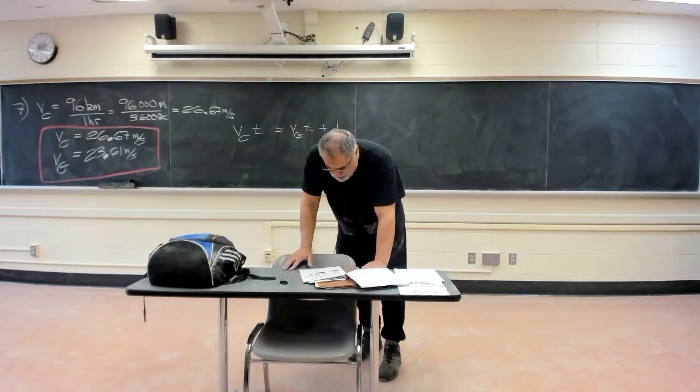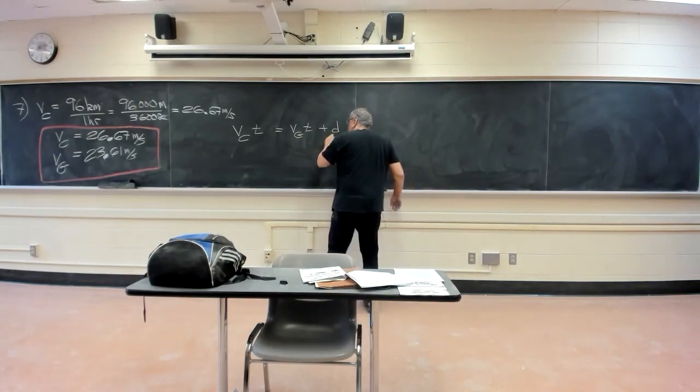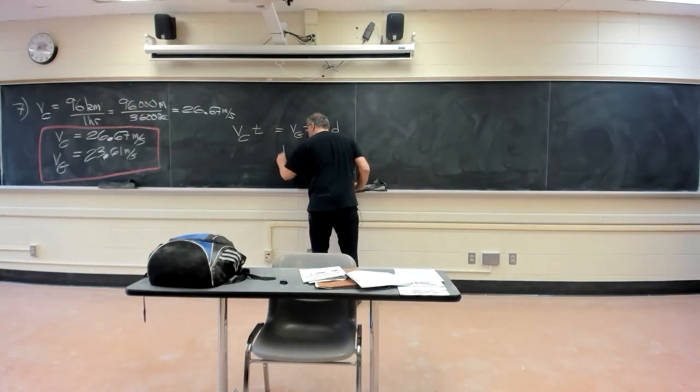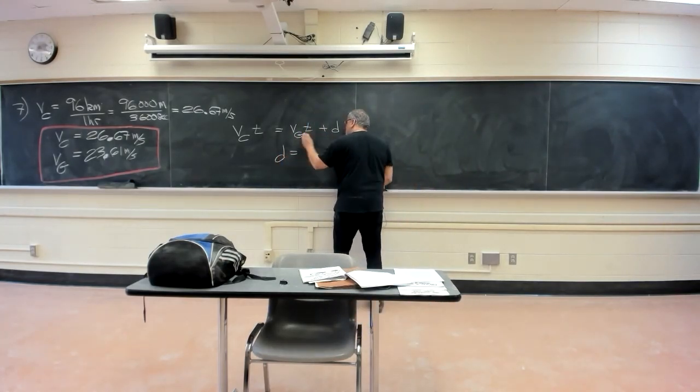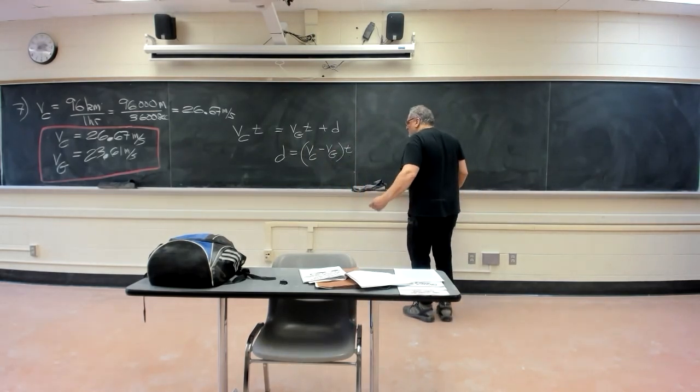All right, so from there you can find out what kind of a head start has to be done. If you subtract v_g t on each side, D is going to be equal to (v_c minus v_g) times t.